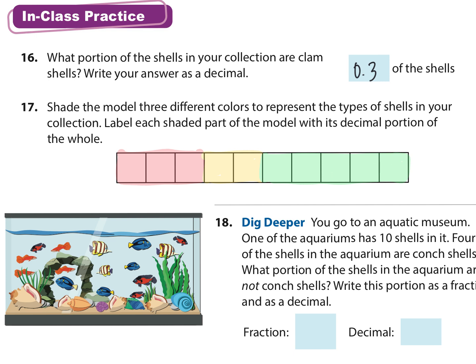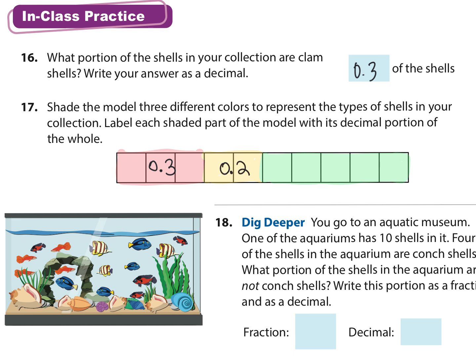And then I'm going to label each one of those pieces. So we already know, with a decimal, that we have 3/10 for the clam. We know that 2/10 are the scallop.